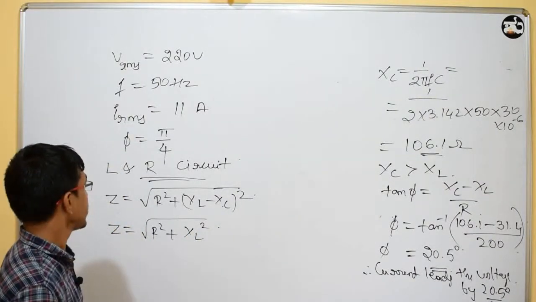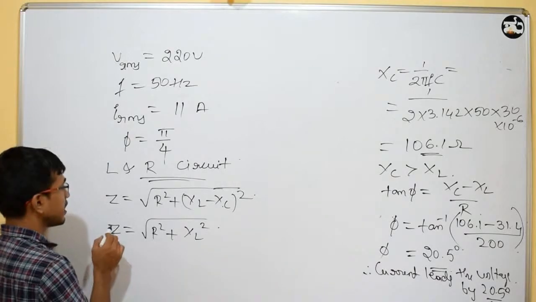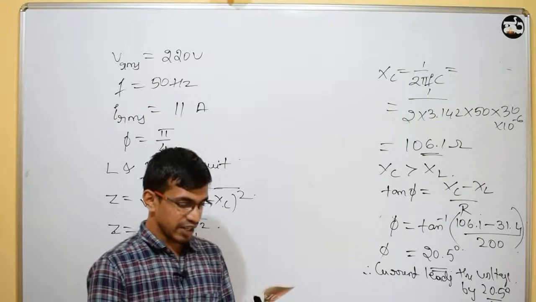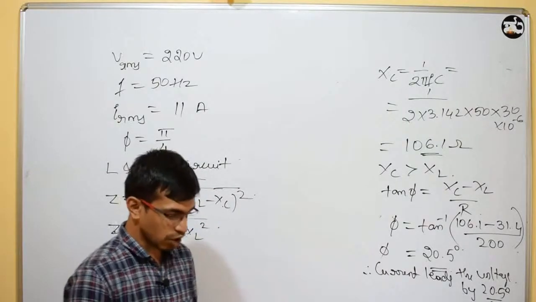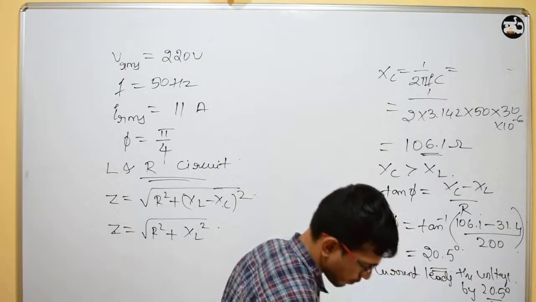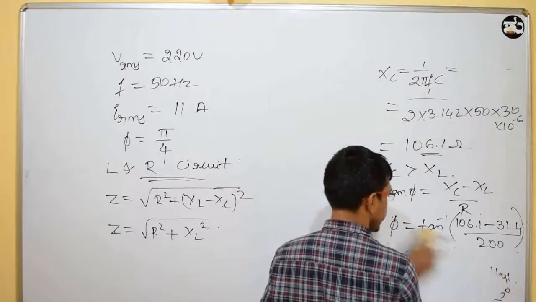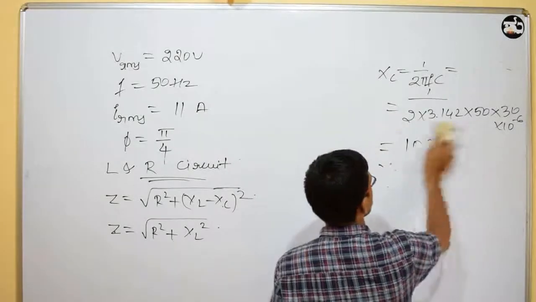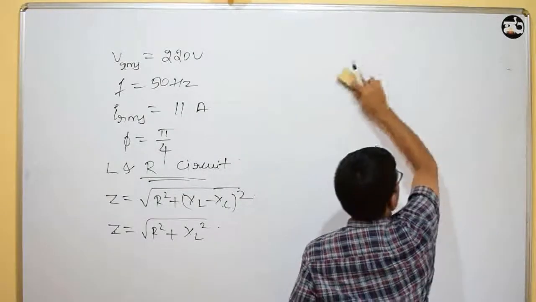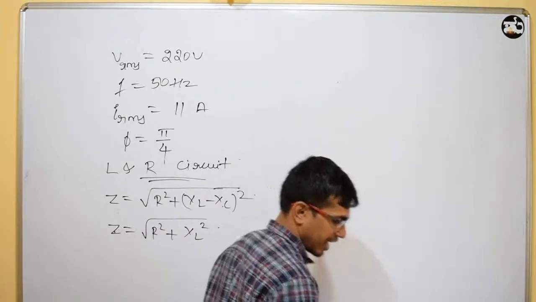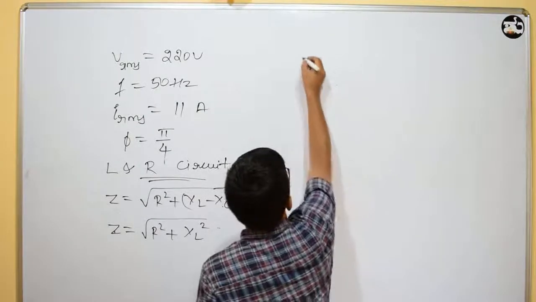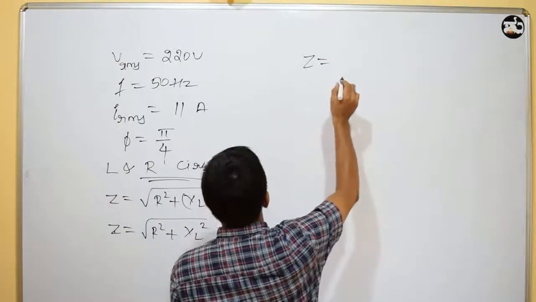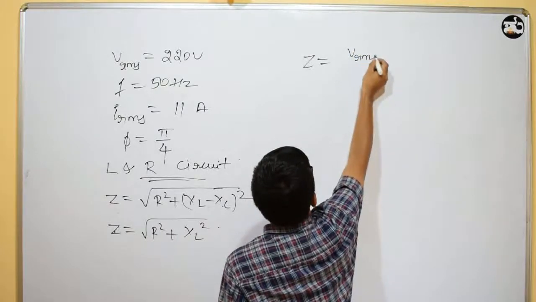So we need to calculate the value of impedance. That's the target now: to calculate the impedance and inductance of the circuit. To get the impedance, I just use the information that they have given, Vrms and Irms, because using Ohm's law, impedance Z is equal to Vrms divided by Irms.